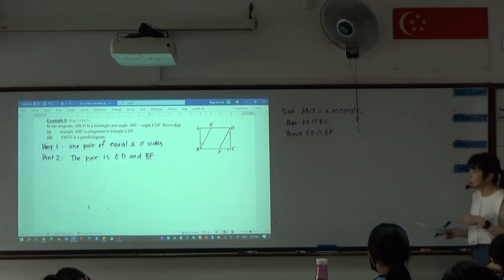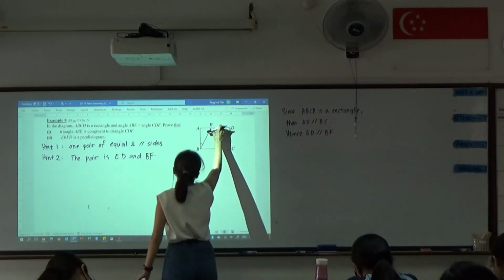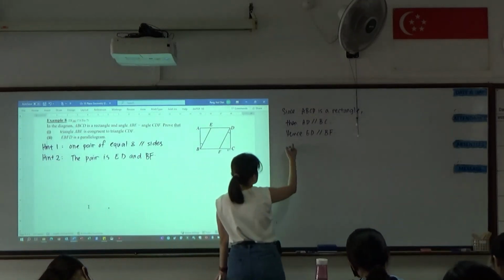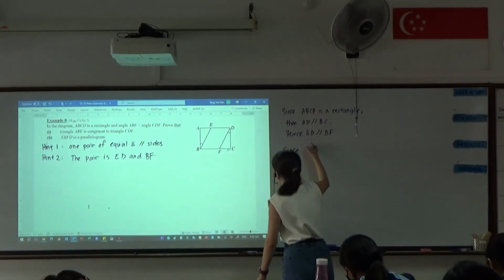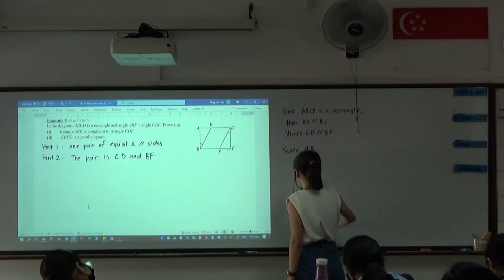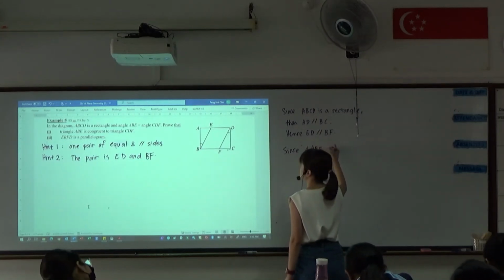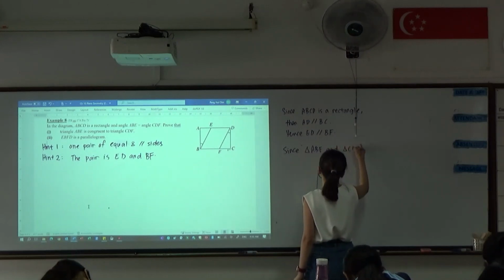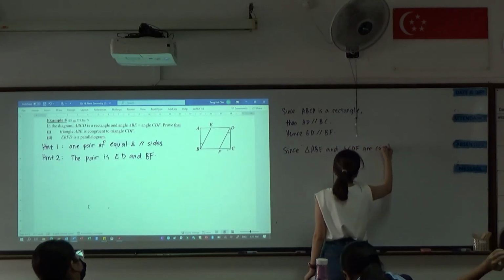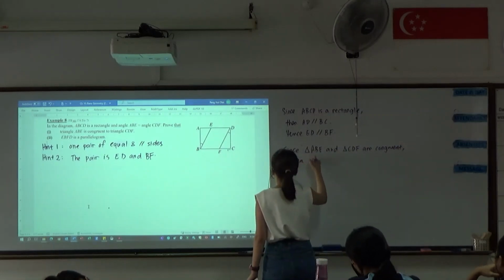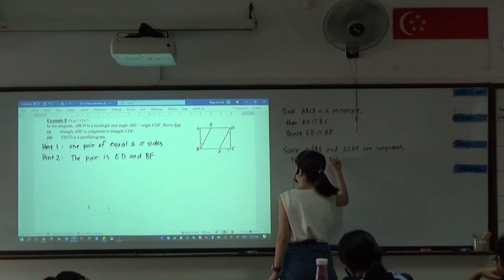The next thing is how do we actually go about proving that ED is equal to BF? Most of you can observe that because the two triangles are congruent as proven in part E, then we see that AE is equal to FC.